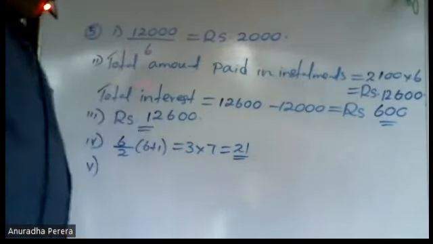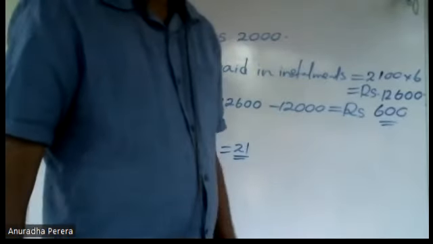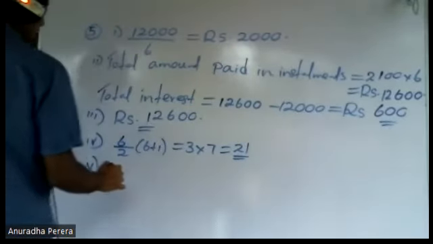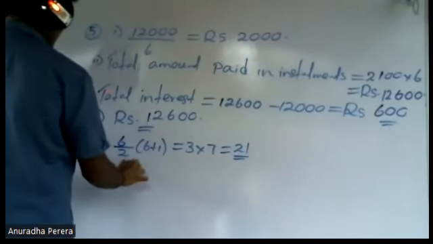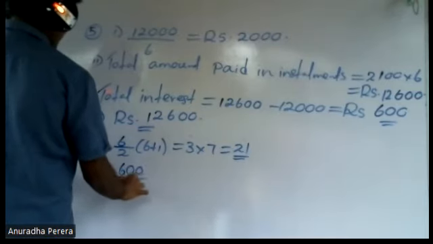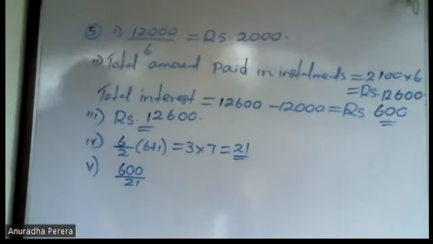Now, question number 5. Find the interest for a month unit. Divide this total interest by 21. Yes, the total interest is 600.